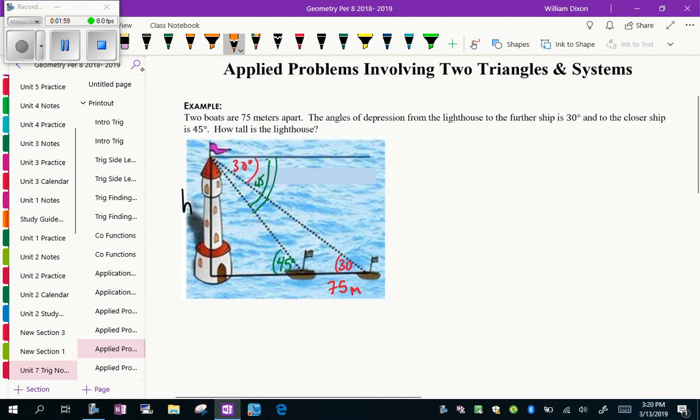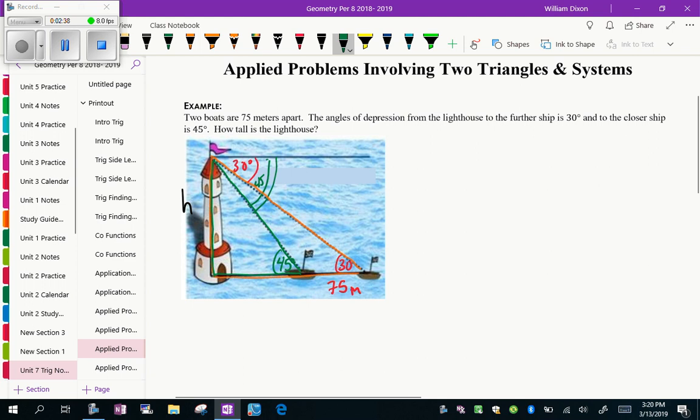We have the bigger one with 30 degrees, and then we have the smaller one with 45 degrees. Well, I know the distance between the two ships is 75 meters, and there's really no right triangle connected to that. But I can use that in terms of finding the distance from the lighthouse to the second ship.